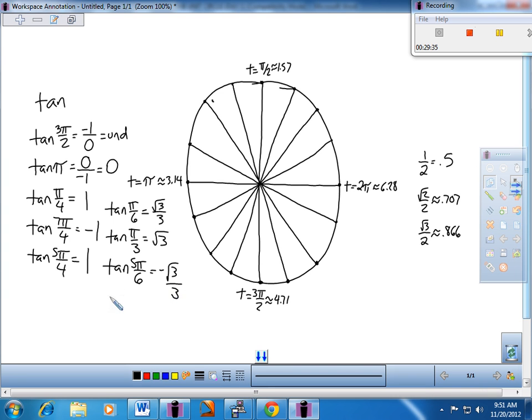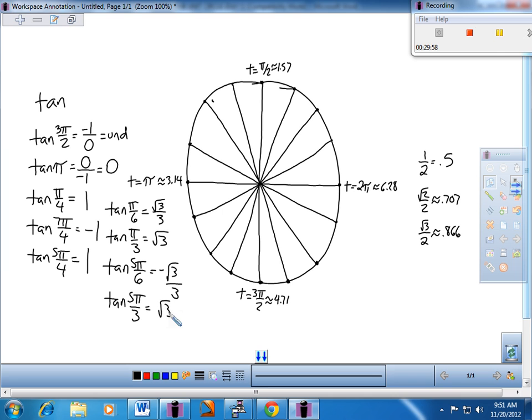Okay, a couple others. How about this? How about tangent 5 pi over 3? 5 pi over 3, everybody, is fourth quadrant right there. As soon as I see tangent of pi over 3, it definitely has to be a root 3. The only question is, is it positive or negative?